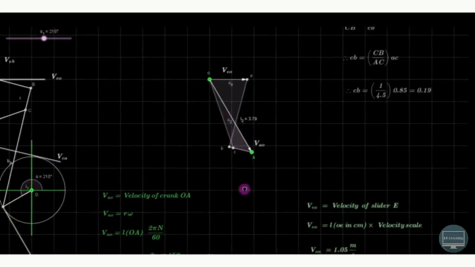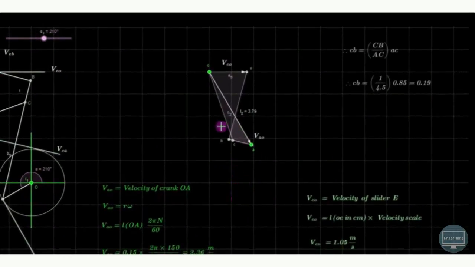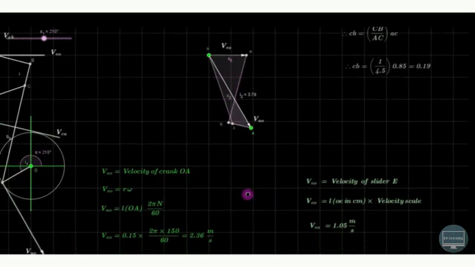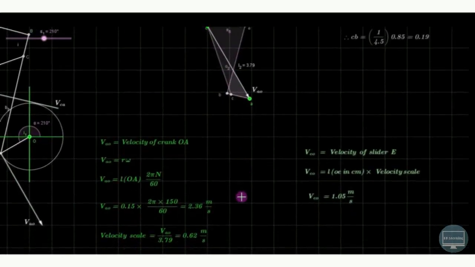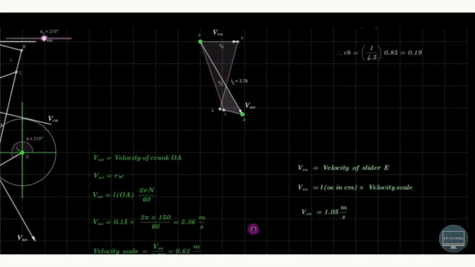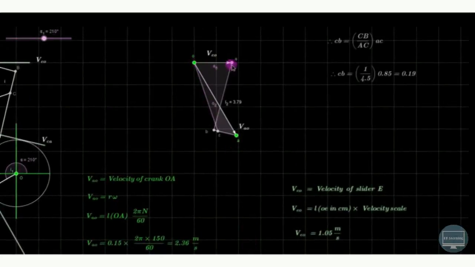Now we have to find out the velocity of this slider, V EO. For that, we have already calculated the scale. So just measure this length OE, in centimeters, and multiply by the scale. You will get the value equal to 1.05 meter per second.